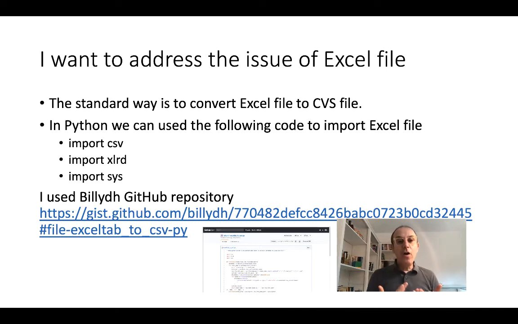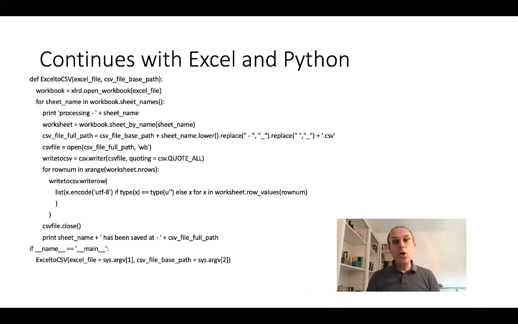I'd like you to follow up on Bill Haidt's GitHub repository on the subject, where he lays out for you step by step how to use Excel in order to do that. So it is a little bit more complex.